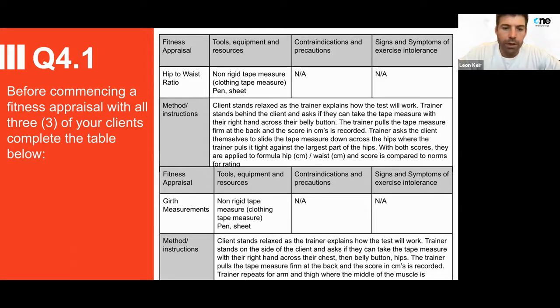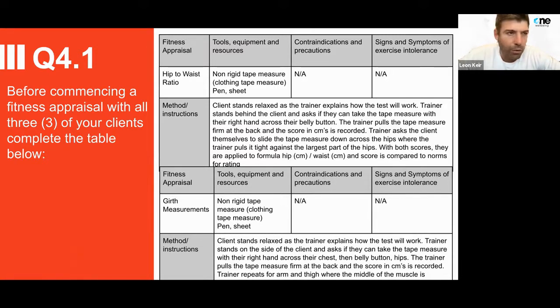Girth measurements. Girth measurements and hip to waist measurements go hand in hand, because it's the same thing. Girth measurements are just measuring our client's girth of different areas. You could do it on every area if you wanted to, like their arms, chest, waist, hips, like the hip to waist ratio, and legs.